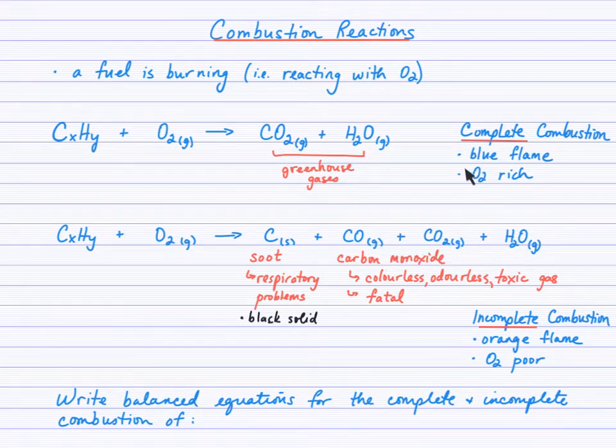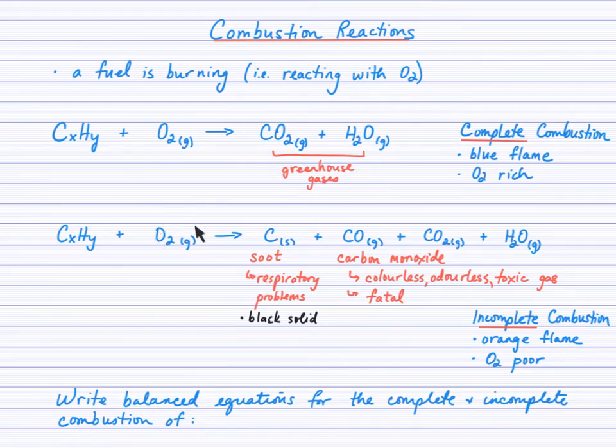So when there is enough oxygen, when we have a plentiful supply of oxygen, then the fuel will burn with a blue flame, and the carbon that's present here will have enough oxygen to form carbon dioxide and water vapor.